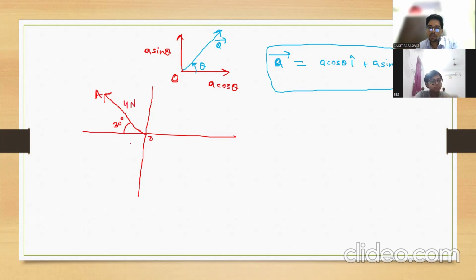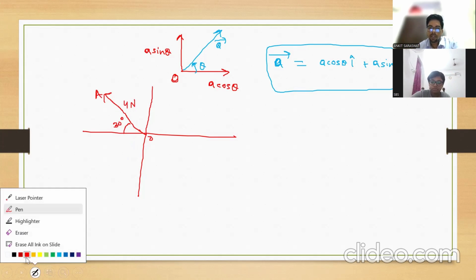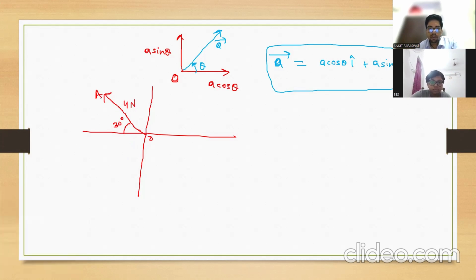Then I will ask you to find its horizontal component and vertical component. For this vector OA, its magnitude is 4 Newton. I want to know the horizontal component, means I'm asking simply AX, AY.